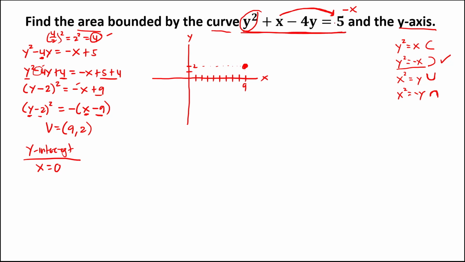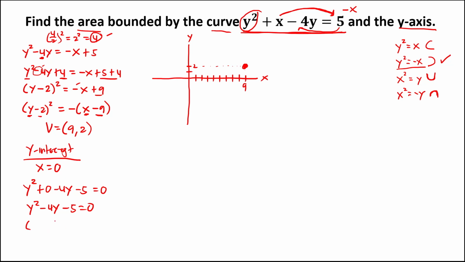From this given, this becomes y squared plus 0 minus 4y, then transpose this positive 5, so this becomes negative 5, equals 0. So we have now y squared minus 4y minus 5 equals 0.